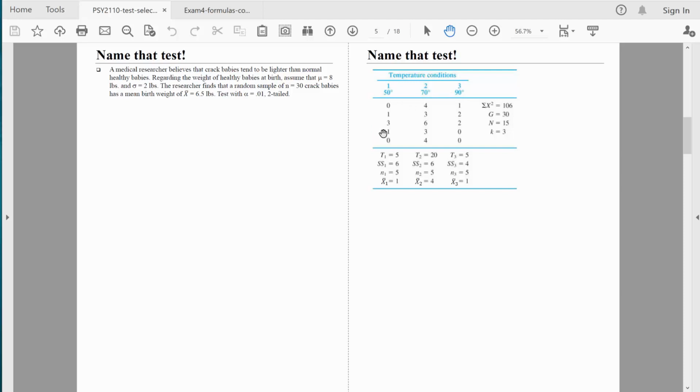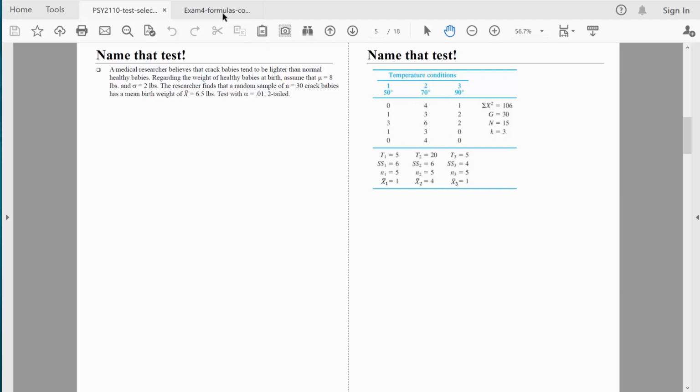The key piece of information that's standing out at me is that I have 3 different groups, and there is only one test that we learned that will compare 3 different groups. Even when I look at some of the statistical information underneath, I can see there are 3 different sample means. Just by looking at the groups of data, I know I could compute 3 different sample means.